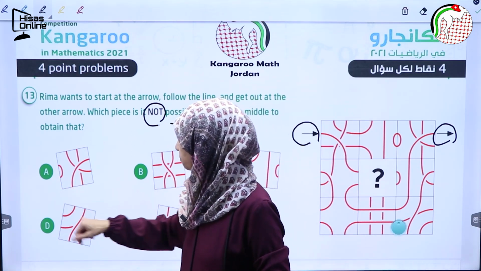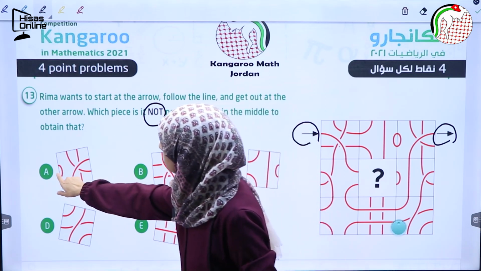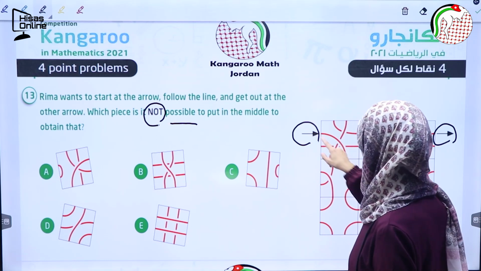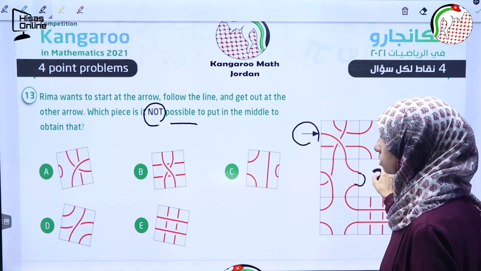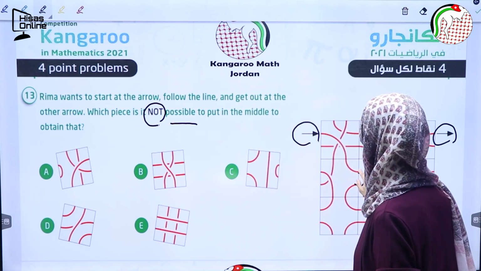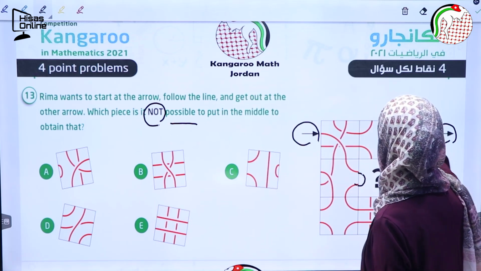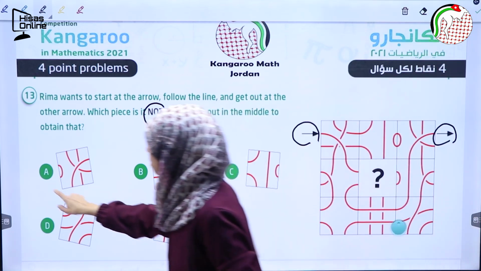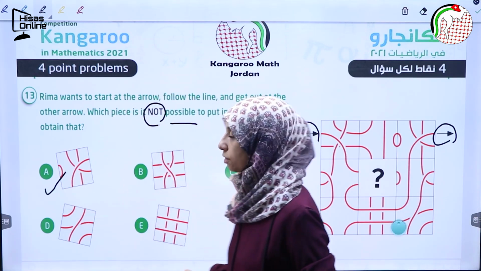Now option A, easily you can link this part here, and she can easily come out without continuing the rest of the map. So here she can move out, so that gives me a right part.